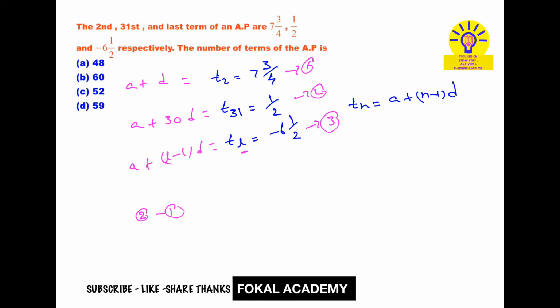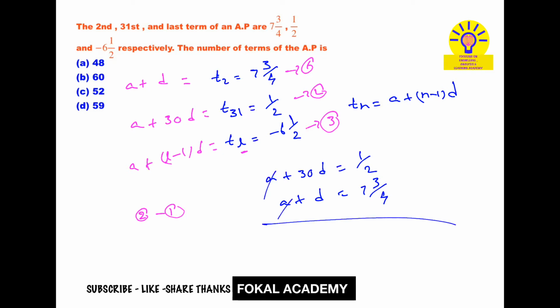So A plus 30D is equal to 1 by 2, and A plus D is equal to 7 3 by 4. A cancels. 29D is equal to 1 by 2 minus 7 3 by 4: 4 sevens are 28, 28 plus 3 is 31, so 31 by 4.